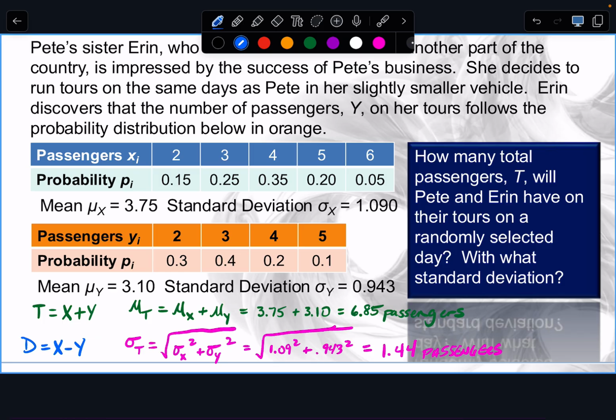Yeah, we're going to subtract instead of add. So we're going to take the 3.75 minus the 3.1. They should expect a difference of 0.65 passengers. So on any given day, Pete should expect 0.65 more passengers than Aaron.